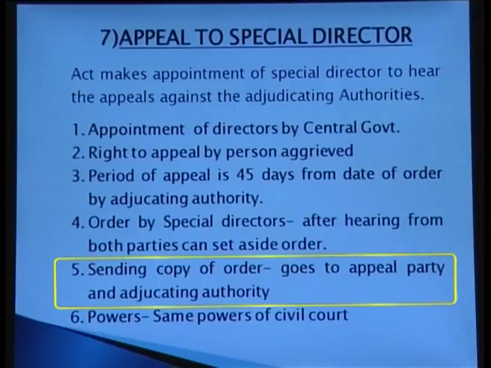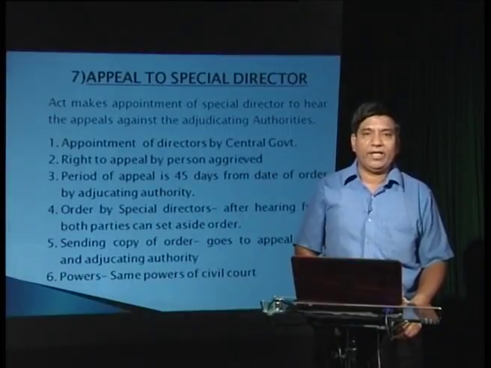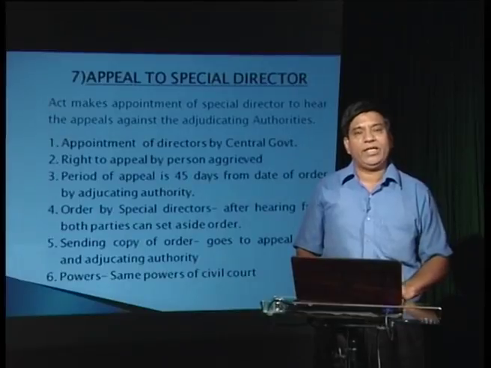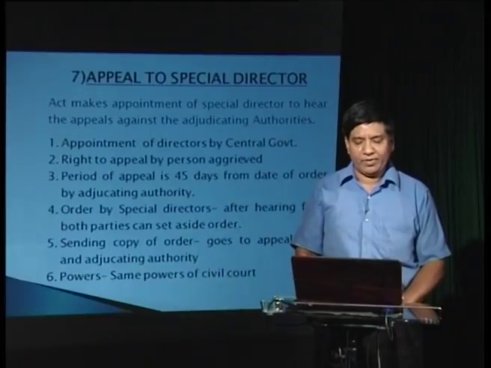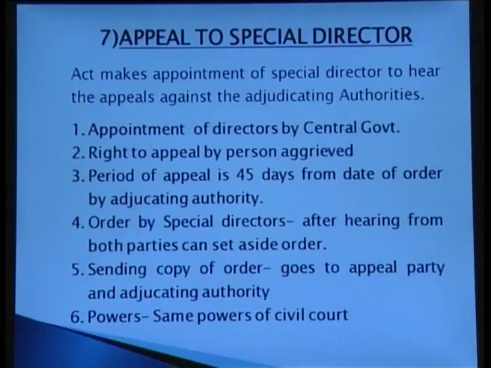A copy of the order goes to the appealing party, the one who has approached the special director, and a copy is also sent to the adjudicating authority, so that they have the knowledge as to whether the decision they took earlier in the same case was upheld by the higher body, the special director, or was set aside. Once again, like the adjudicating authority, the special director also has powers the same as those of a civil court.